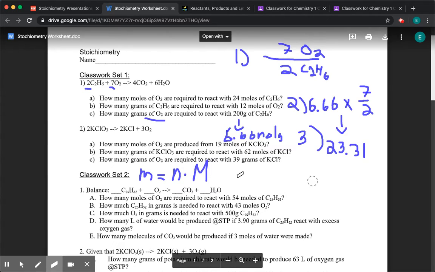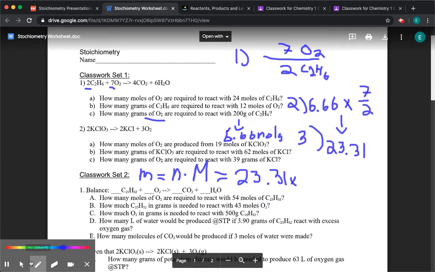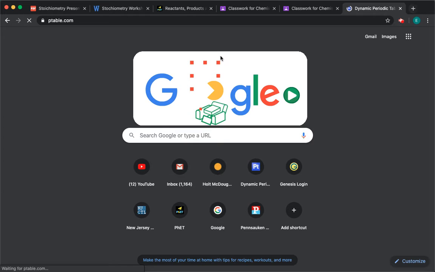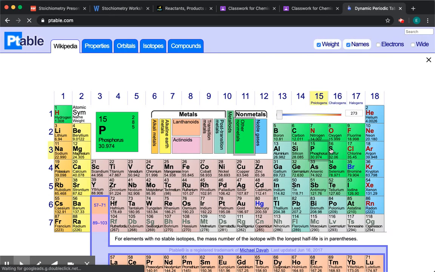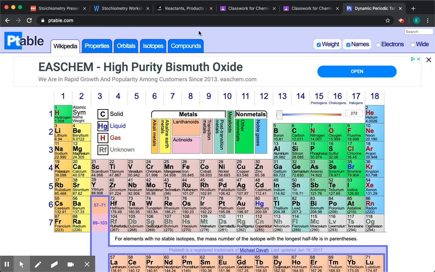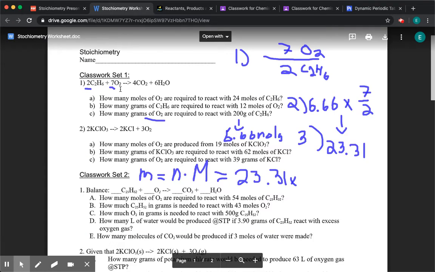I'm erasing this so I can have some space here. So we have 23.31 moles of oxygen. And then what is the molar mass of oxygen? You might be tempted to say 16. It is not 16. One single oxygen is 16, but look carefully. Remember, oxygen is one of those things that lives in pairs. Oxygen is O2.